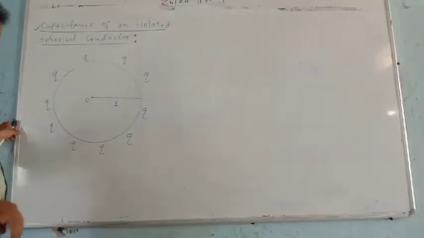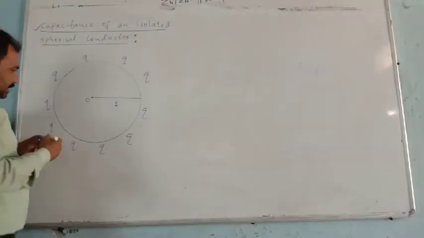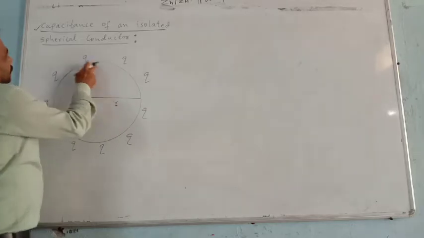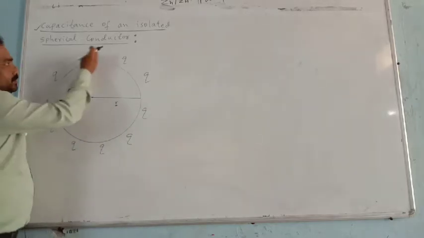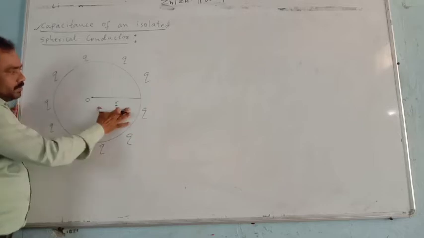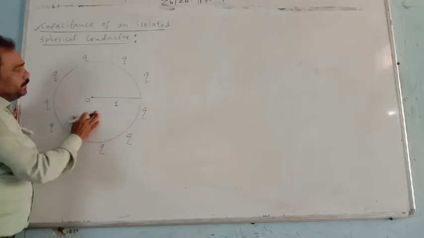So see here, if this one is the isolated spherical conductor and charges are deposited here on the surface, this one is the radius of this spherical conductor.